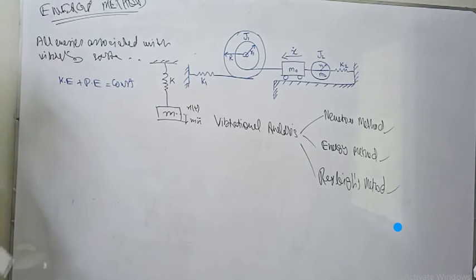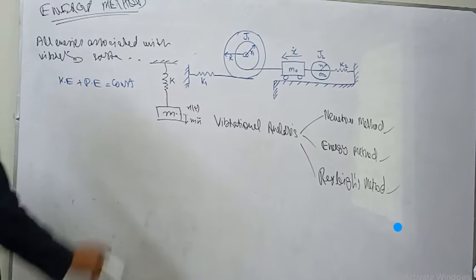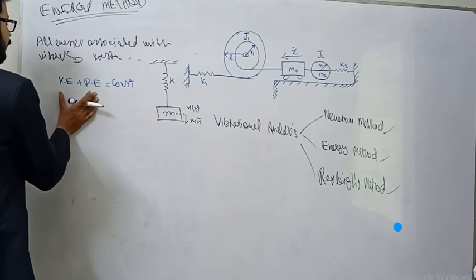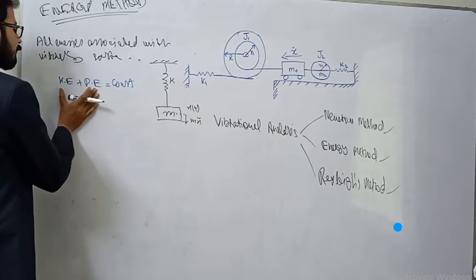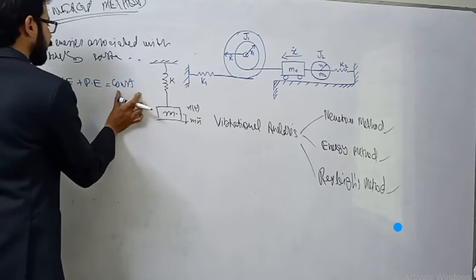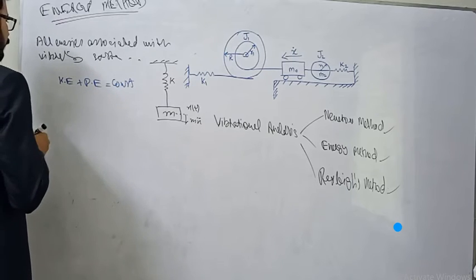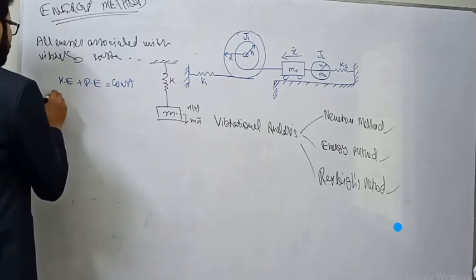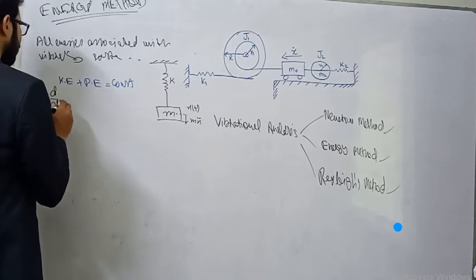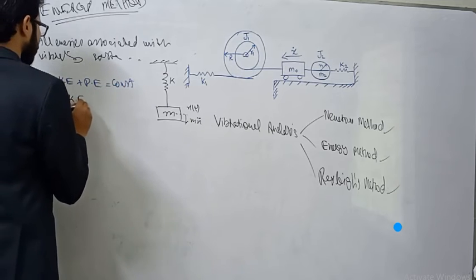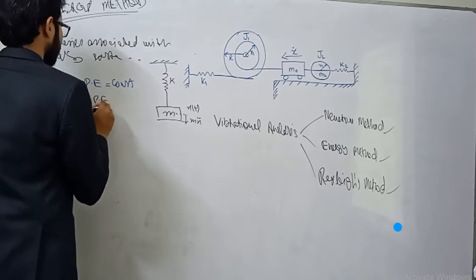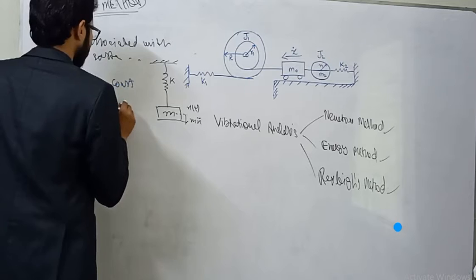According to the energy method, the sum of all the energies associated with the vibrating body will remain constant. And if we take the rate of change of the energies, it will be 0.